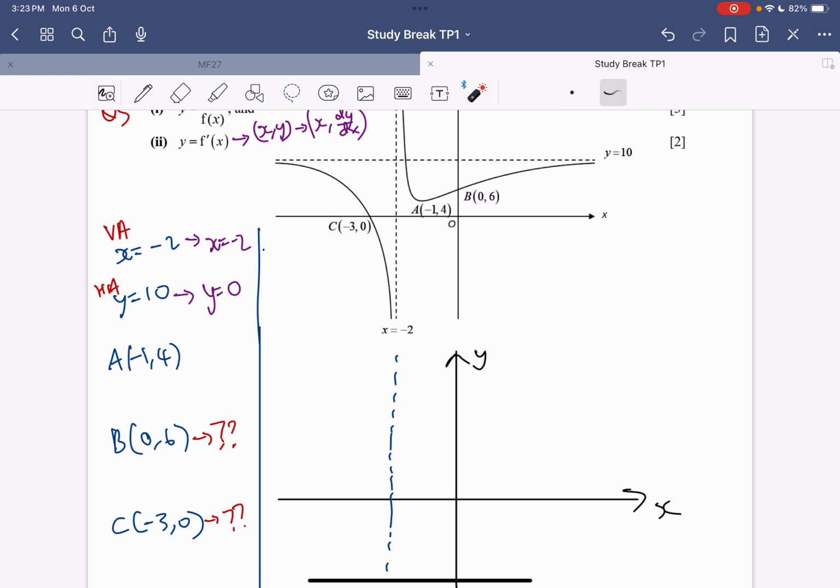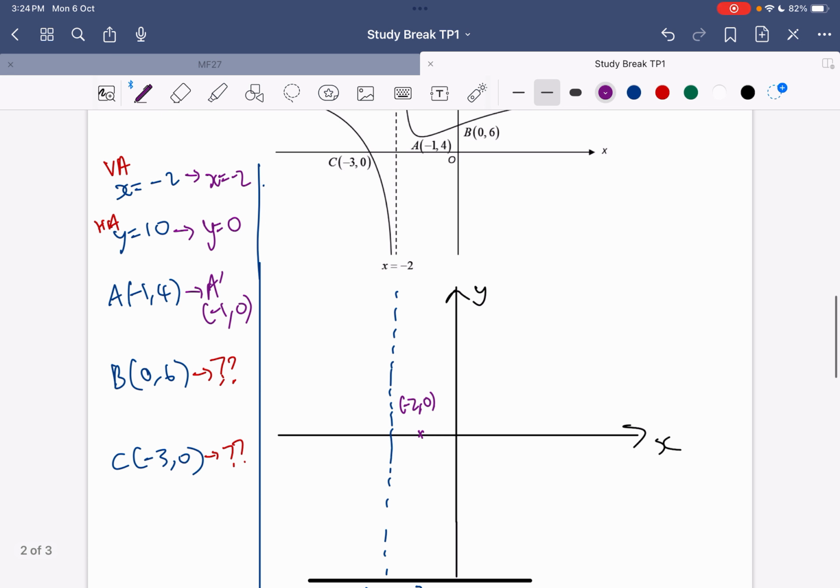However, for the turning point at (-1, 4), we do know that the gradient is equal to 0 at that location, and therefore the y coordinate will become 0 at that location. So here it becomes A', (-1, 0). Okay, so we can label it onto our diagram now. This will be the point where the graph will intersect the x-axis, and that's all we know. So this point is the point A'.